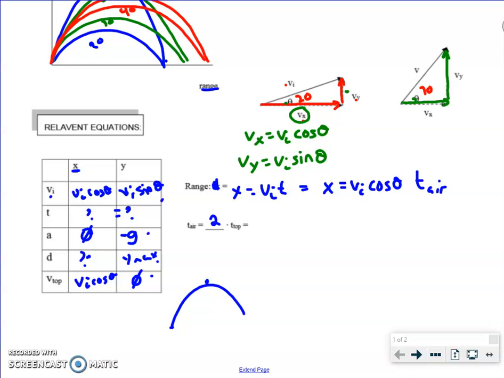I know g and I know Vi sine theta. So I can use the equation. If I want to find an equation that relates initial speed, final speed, acceleration, and time, we have the equation Vf equals Vi plus at. So if I solve that for t, I see t is equal to Vf minus Vi all over a.